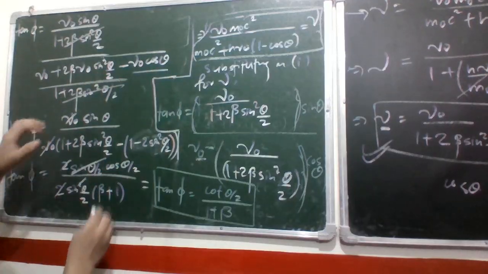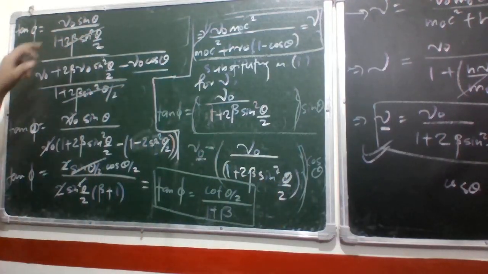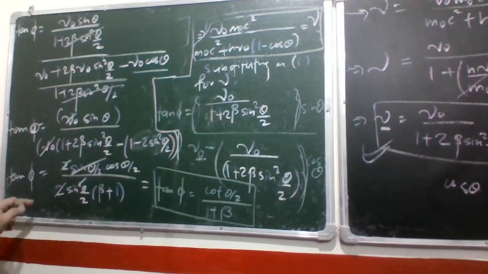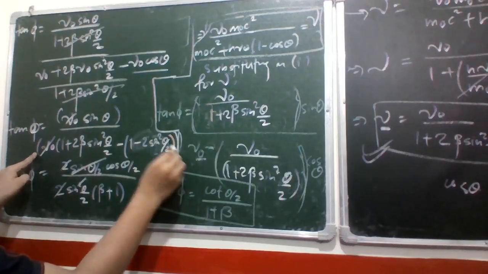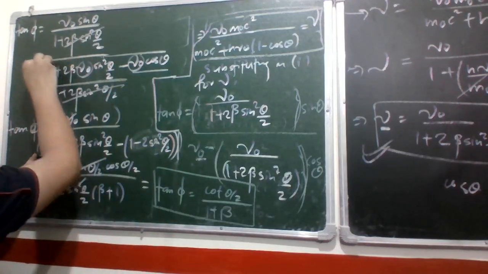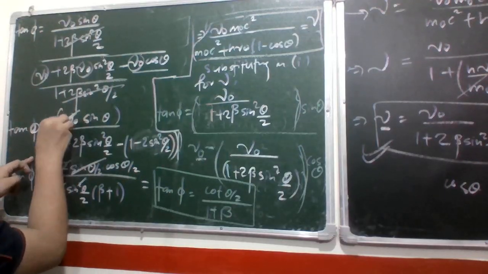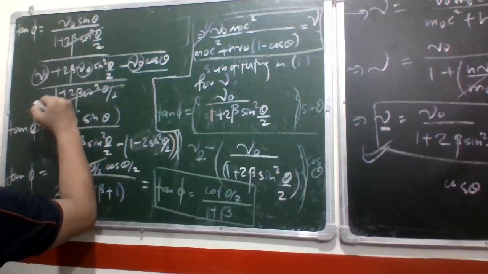The denominator is the same, so we can cancel both denominators, and we will be left with this numerator and this denominator. Now, since all the terms have nu naught, we can take a common nu naught and cancel this with the numerator. So we got rid of this nu naught too.